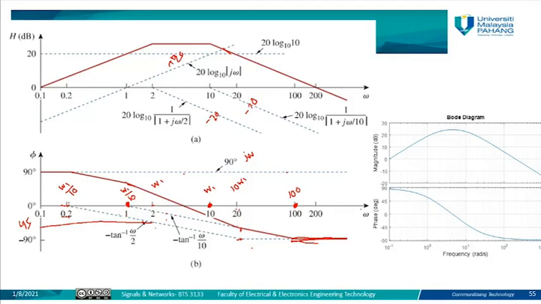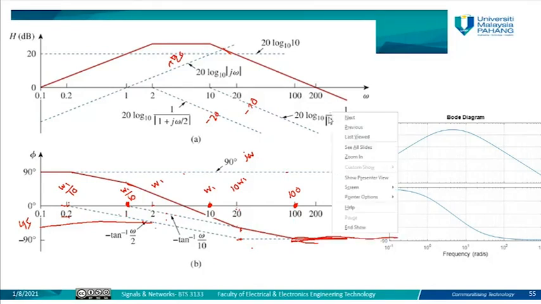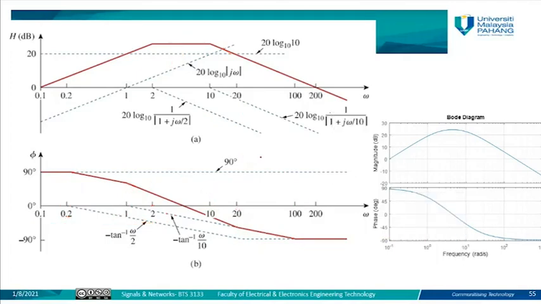Then we have positive 90 and negative 90, it goes with a slope of 0 until that. So this is how we can combine the different angles and the different magnitudes to draw the Bode plot for a transfer function.